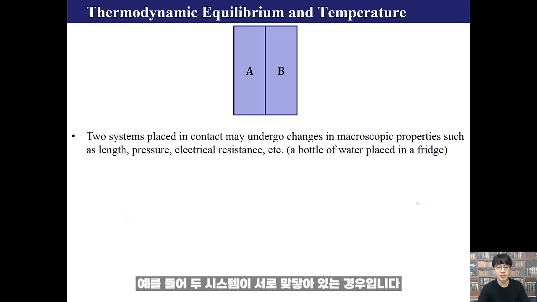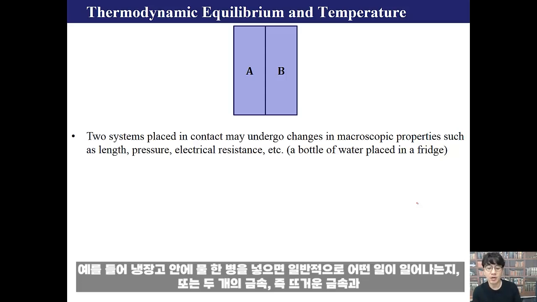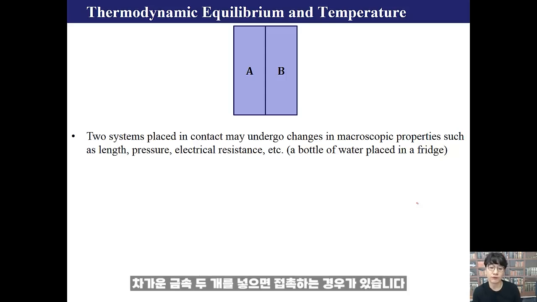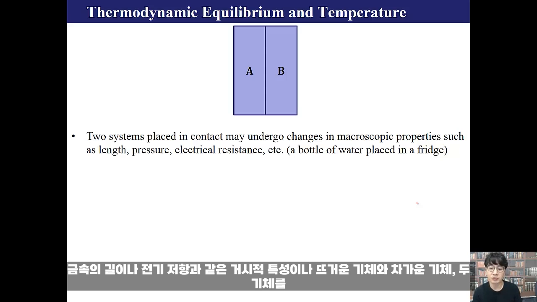If two systems are placed in contact, for example, if you put a bottle of water inside a refrigerator, or if you put one hot metal and one cold metal in contact, then macroscopic properties such as length or electrical resistance of the metal change.